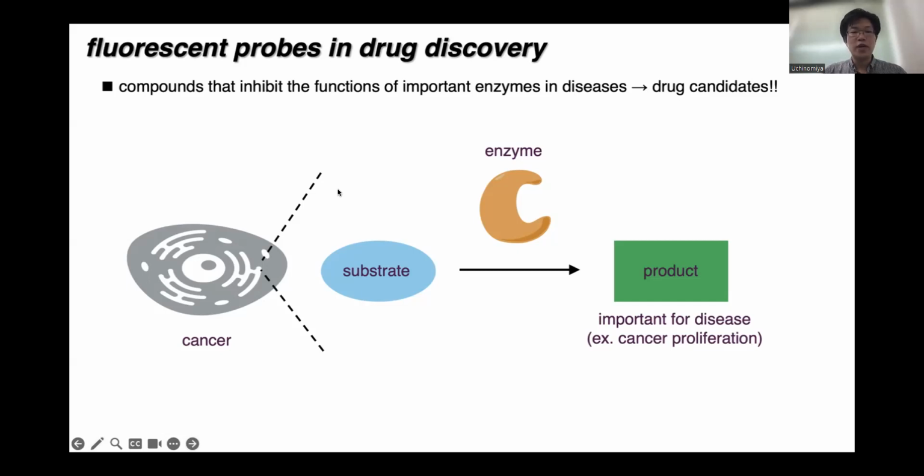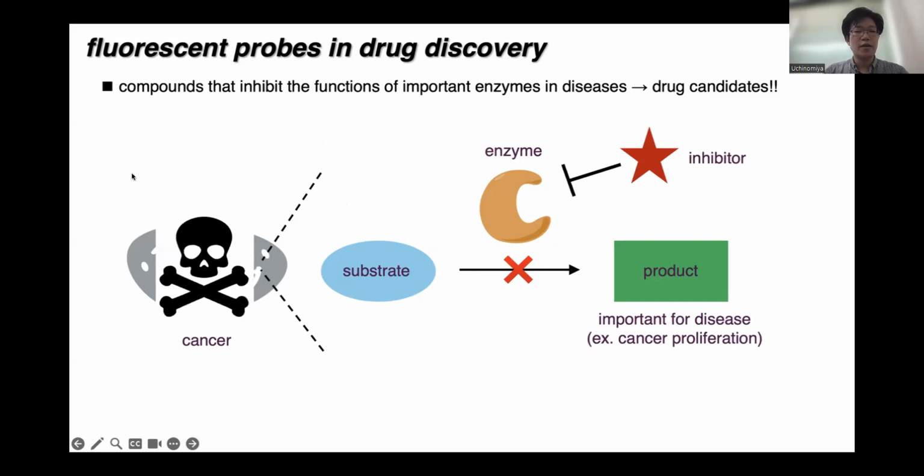For example, this enzyme is very important for cancer cells because it generates a product which is important for disease, for example cancer proliferation. And if a compound called an inhibitor can stop the function of the enzyme, the cancer will die. So in this case, the inhibitor can be a drug candidate.